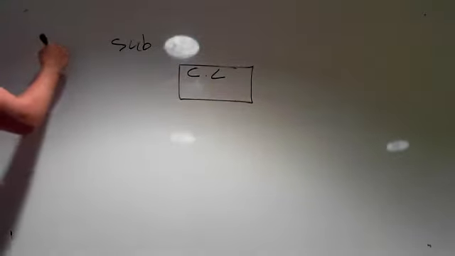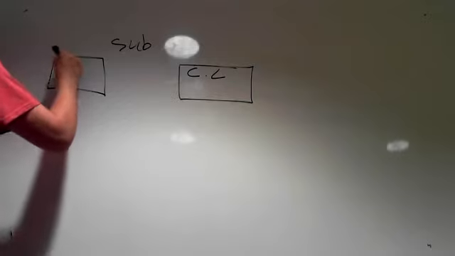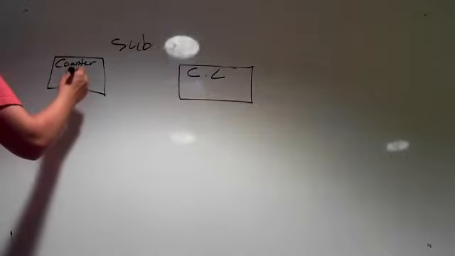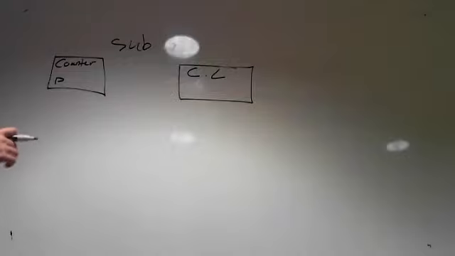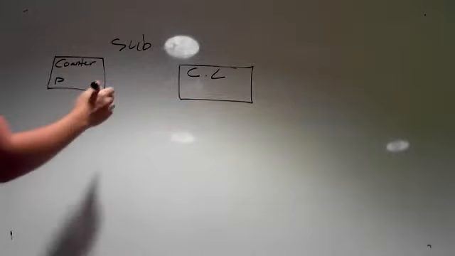So if we have another node over here that we will say is our counter, and this counter is going to have a publisher inside of it. So we're going to denote that by saying P in the bottom left corner. And it's going to be publishing to a topic. So essentially what that's doing is it's sending that information out in lots of different ways.